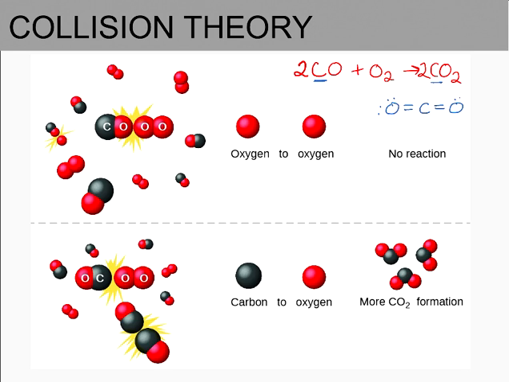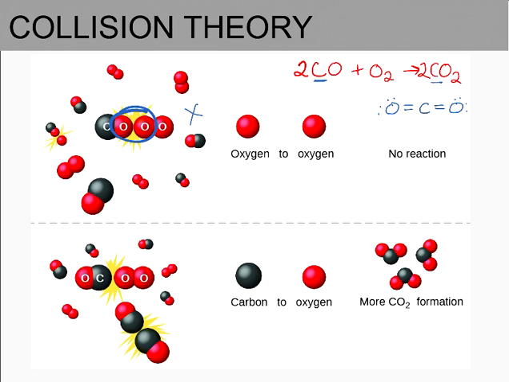So we definitely want carbon to grab onto another oxygen. In our first example, carbon monoxide is colliding with oxygen, but 2 oxygen atoms are facing each other from each molecule. That's not going to result in our desired product because carbon is not interacting with another oxygen there. So no reaction occurs there.